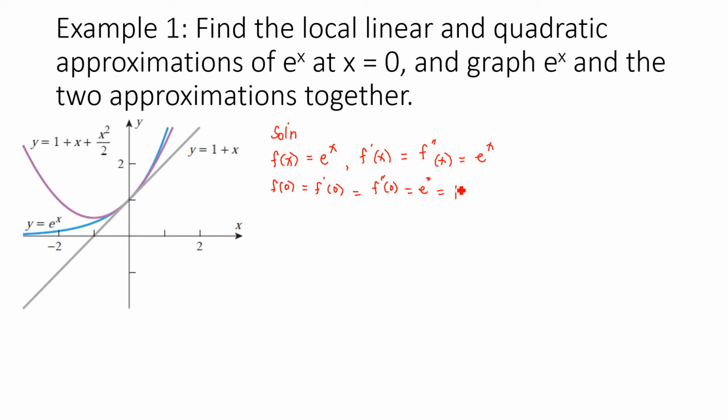Thus, the local quadratic approximation of e raised to x at x equals 0 is e raised to x approximated to 1 plus x plus x squared over 2.